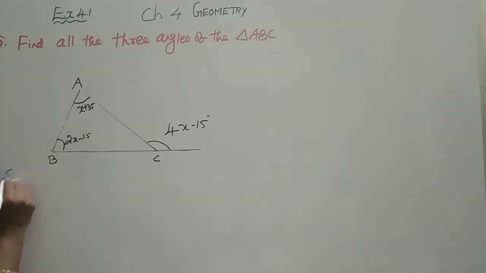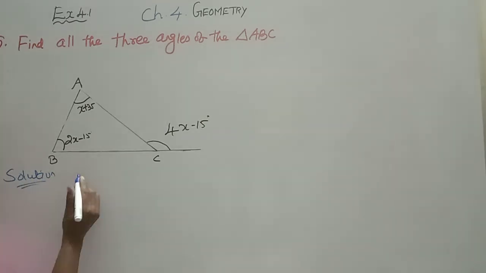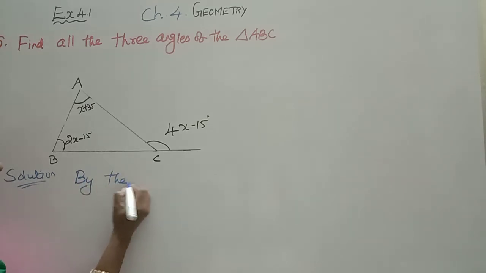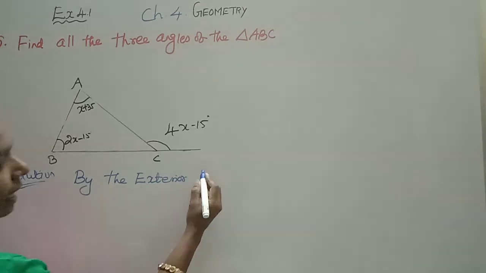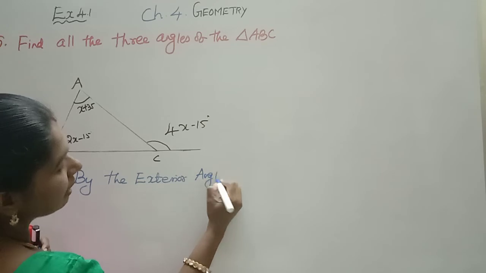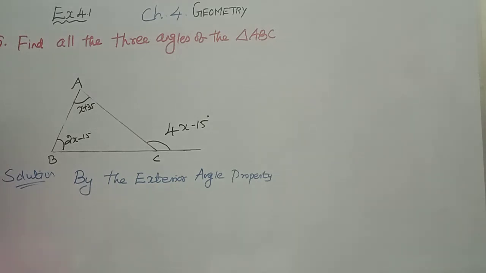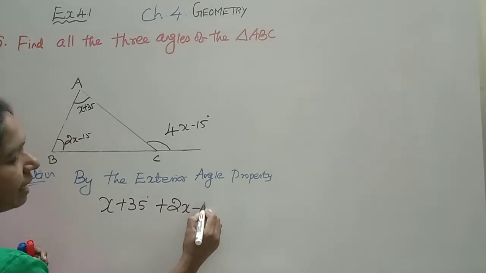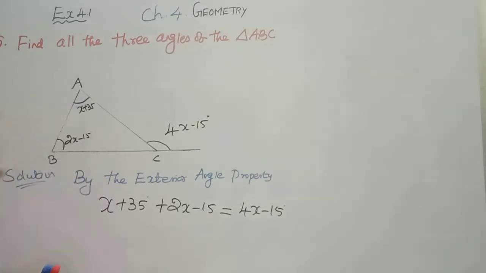So how to do this sum? You know the exterior angle sum property of a triangle. By the exterior angle property of the triangle, we can write x plus 35 plus 2x minus 15 equal to 4x minus 15.